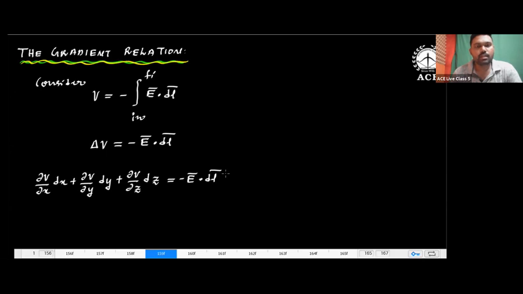Okay, beta. What I'll do here, I'll split this one into the dot product of two vectors. How? Observe here carefully.